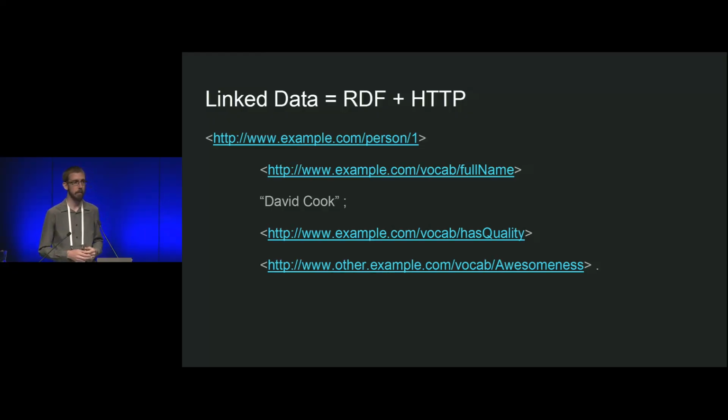Instead of awesomeness, that could be the number one. It could be anything. It could be nonsense. But in a real world example, you'd be able to resolve that URI, and fetch back a label in English that says awesomeness. Or you might fetch back 30 labels saying awesomeness in English, French, German, Swedish, whatever.